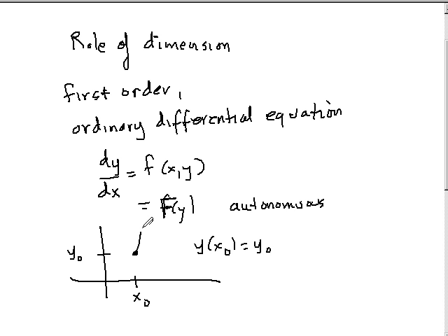Is it possible for me to have 2 solutions that branch out of this point? Well, if this is dy/dx, how can dy/dx take on 2 values if f of y is a single-valued function and you're applying it at y0?